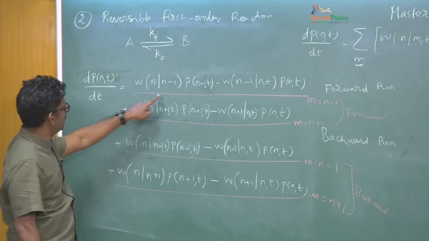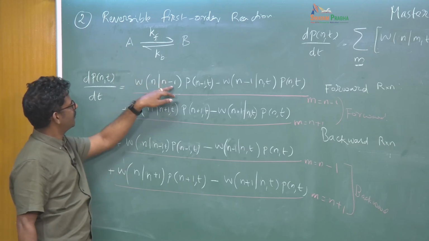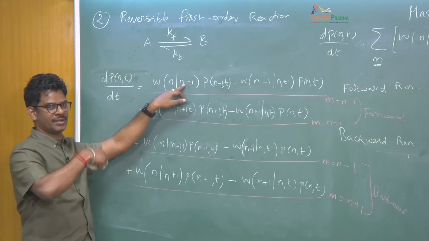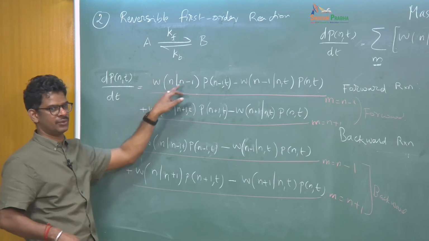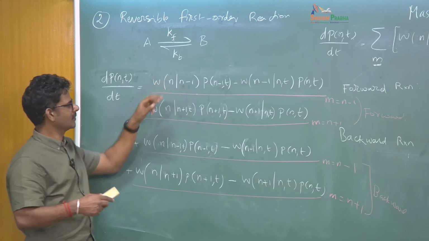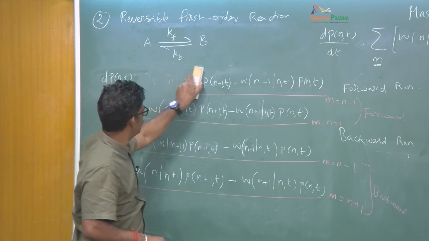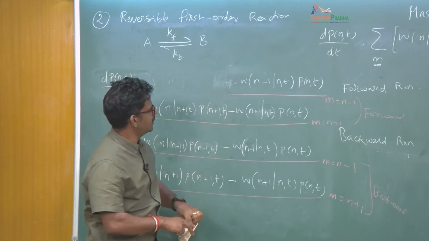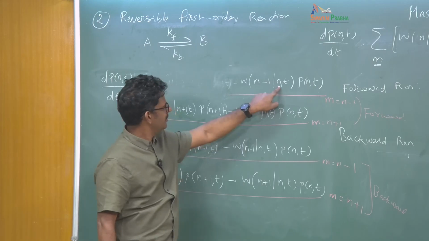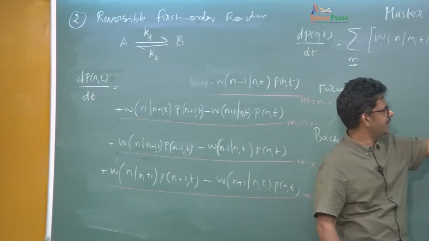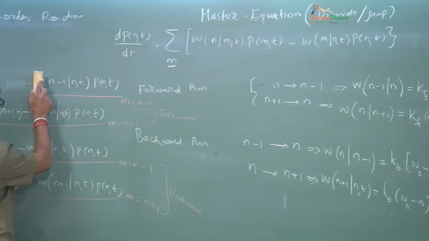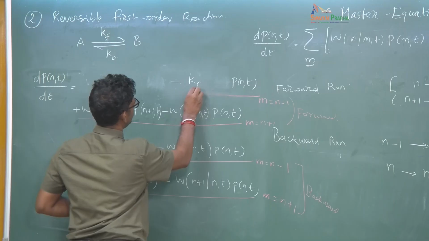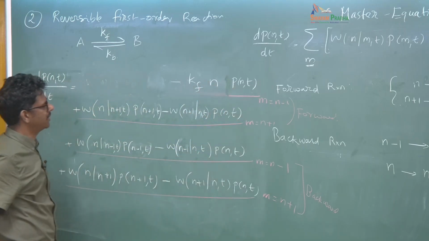If you see this, the forward reaction can never take us from n minus 1 to n, because it would mean the forward reaction is increasing the number of molecules of A. So this function actually is 0 because this is not allowed. So this will drop out as far as the forward reaction is concerned. And then here, when you are in n and you can go to n minus 1, that we have already defined here as k of n. So this is basically nothing but minus k of n times p of n comma t.